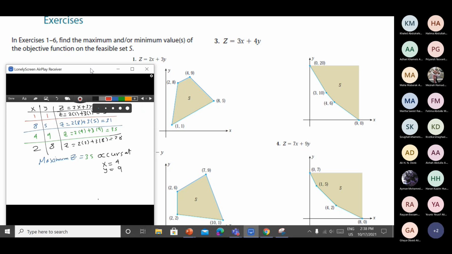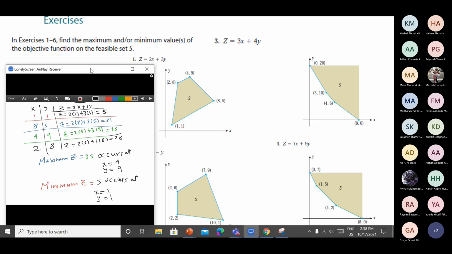Okay. What about the minimum? The minimum z equal to 5. Yes, 5 occurs at x equal to 1 and y equal to 1.